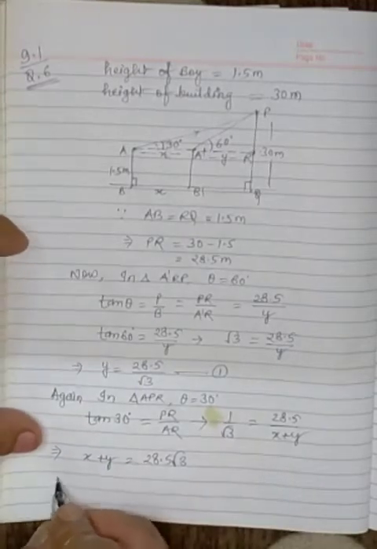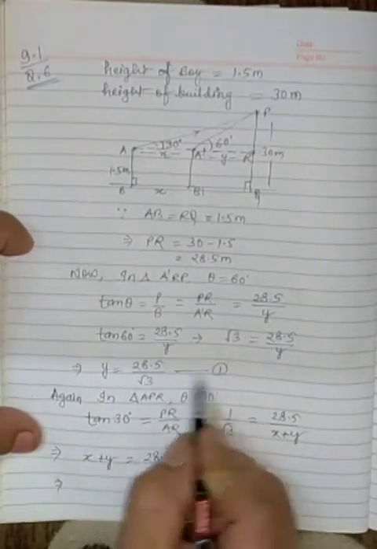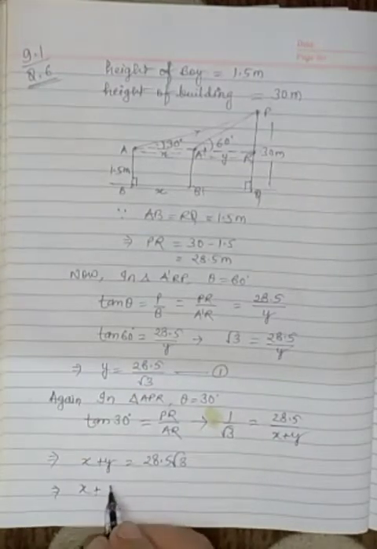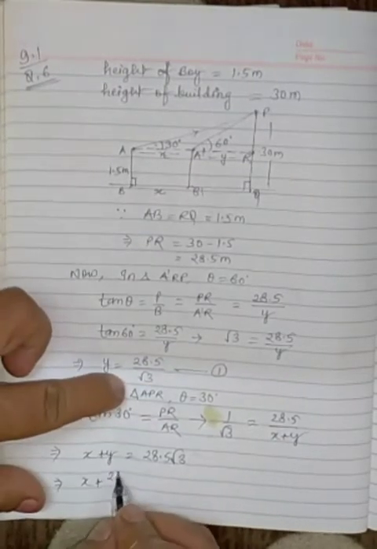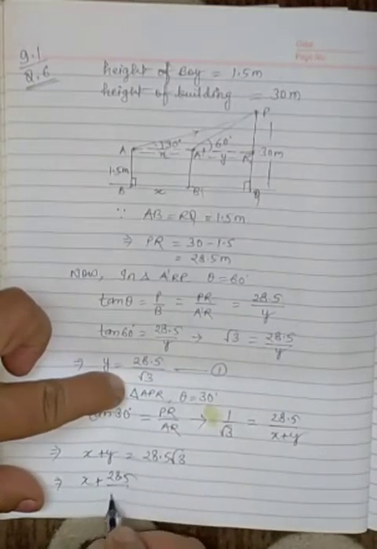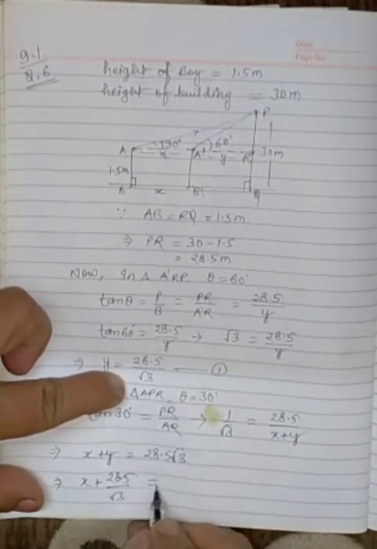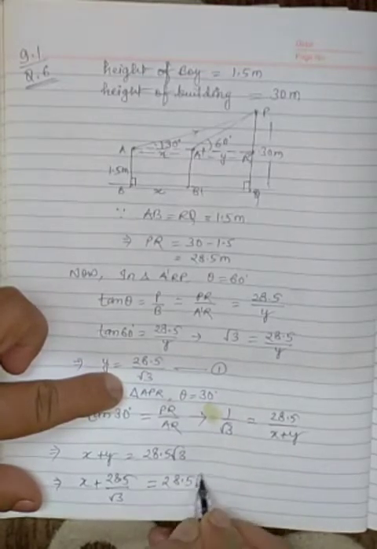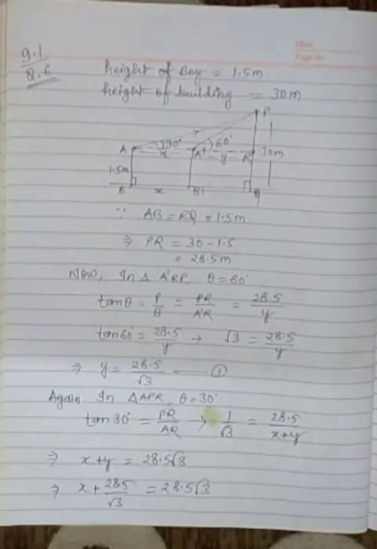Now here, from equation number 1, we will put the value of y. So x plus 28.5 upon root 3 is equal to 28.5 under root 3.